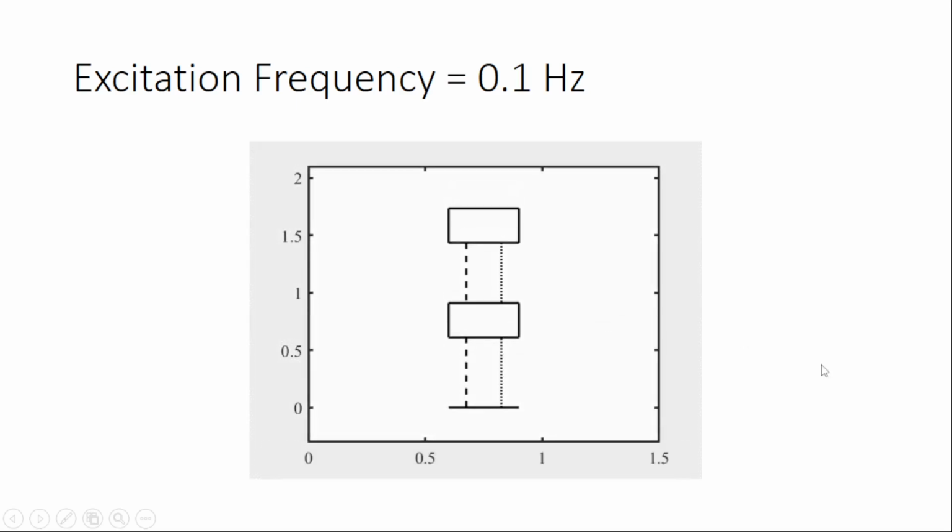If we animate the motion, we can see that there is no appreciable motion. Initially there are some overshoots, but after a few seconds we can see that both the absorber as well as the mass are moving at very small amplitudes.